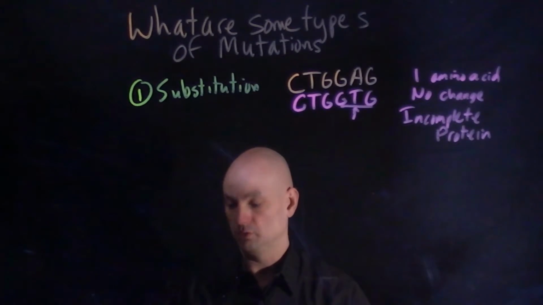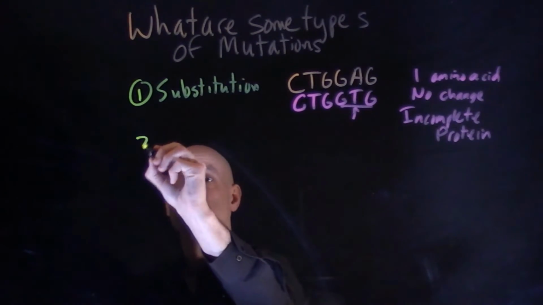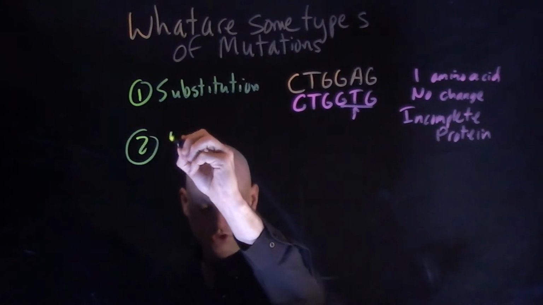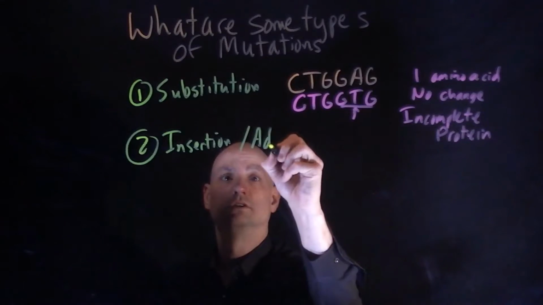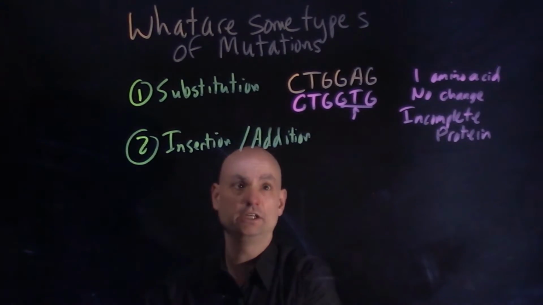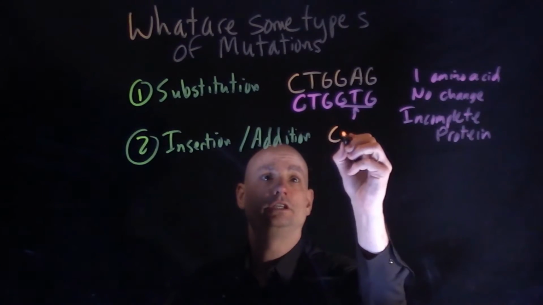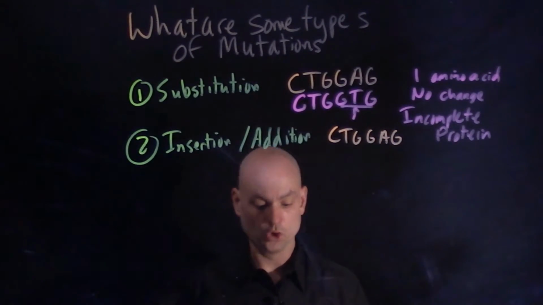Okay, so another type of mutation, number 2, is called an insertion or an addition. Just as it sounds, we're going to add more DNA. So again, here's our CTGGAG sequence. That's our normal.